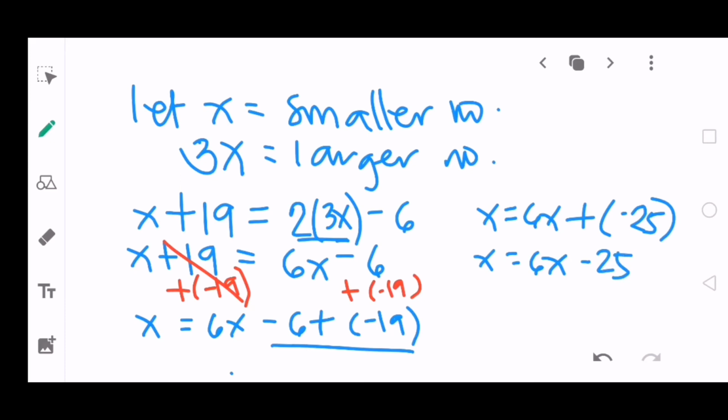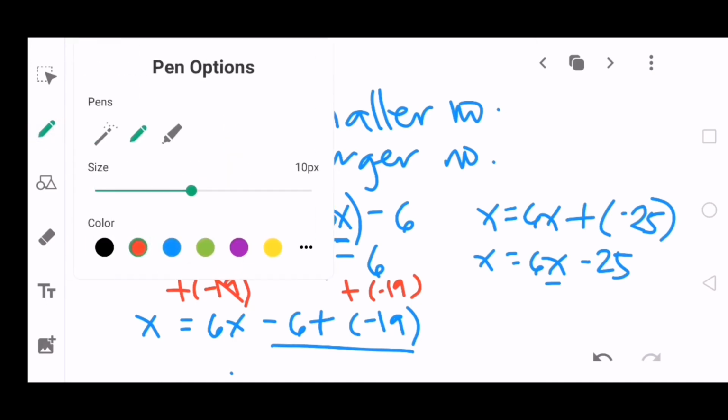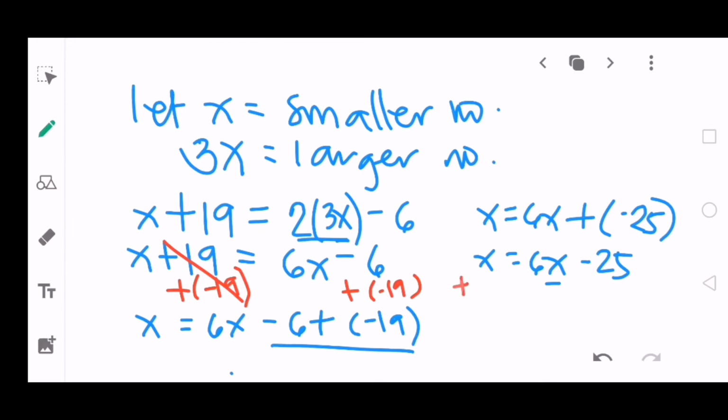Now, as you can see here, we're not yet done because we still have 6x on the other side. So, let us add negative 6x on both sides, so that this one will be cancelled out.